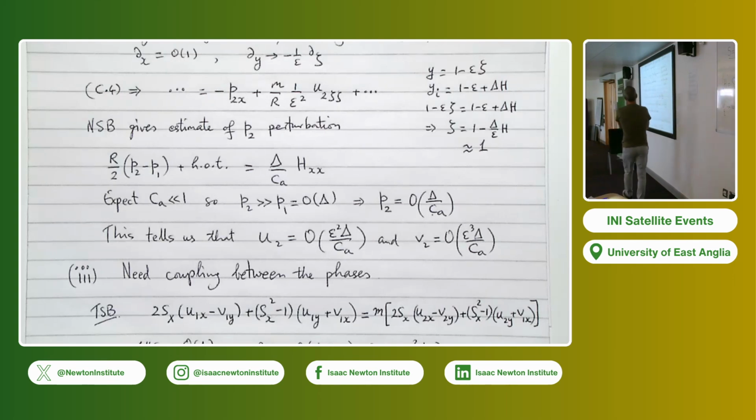So we expect the capillary number to be small, from a surface tension, and then that immediately means that P2 in the upper layer is going to be much bigger than P1. So the P1 is going to be of order delta, and P2 will be of order delta over capillary. And we'll show this. We have to confirm this.